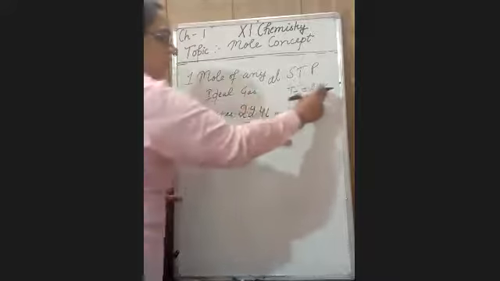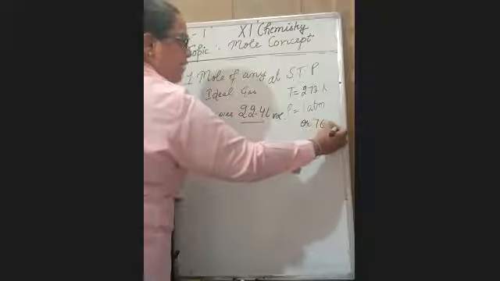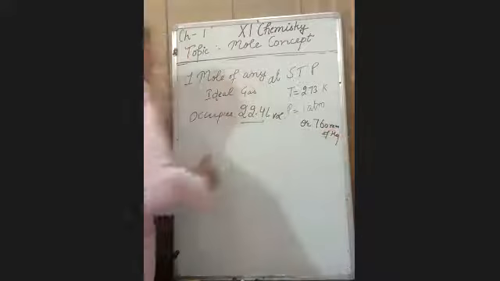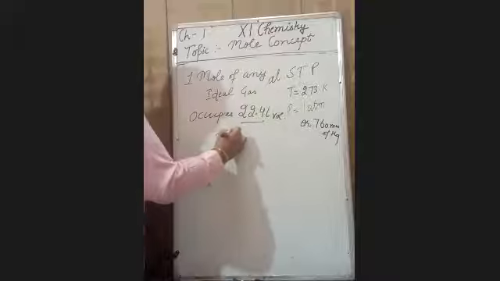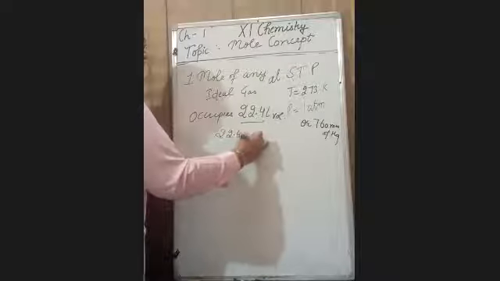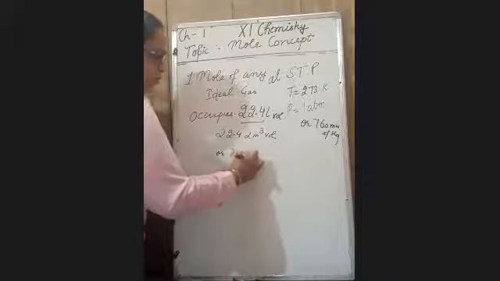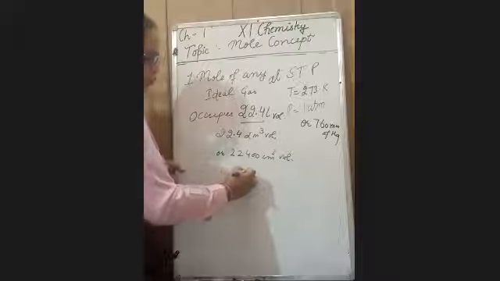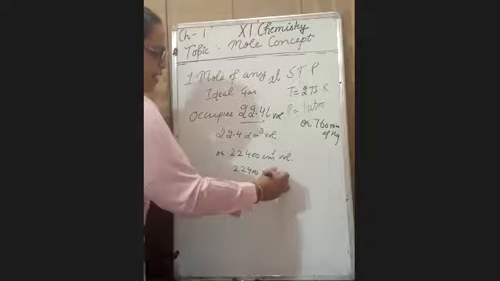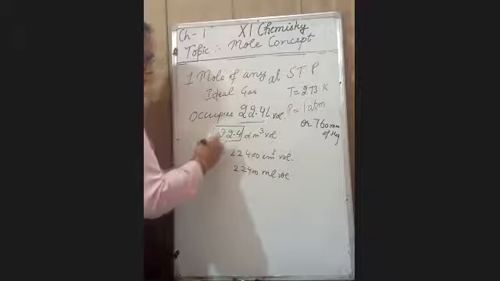Standard temperature is 273 Kelvin, pressure is 1 atmosphere or 760 mm of mercury. It occupies 22.4 liter of volume, or 22.4 cubic decimeter of volume, or 22400 cubic centimeter of volume, or 22400 ml volume.